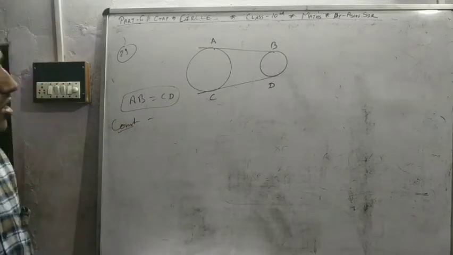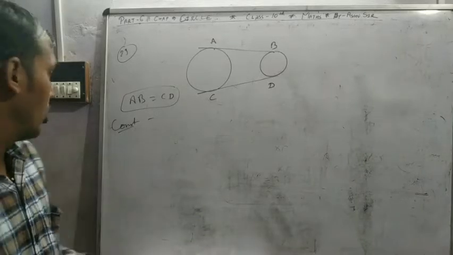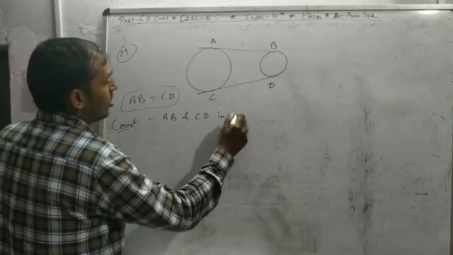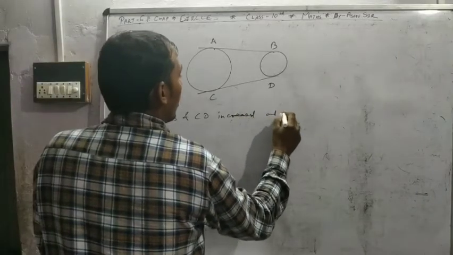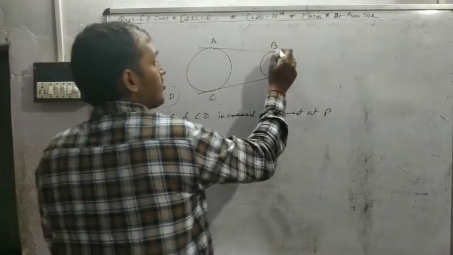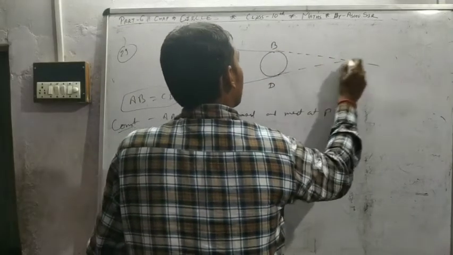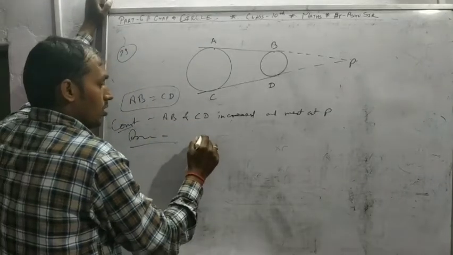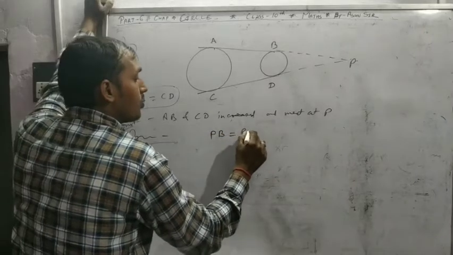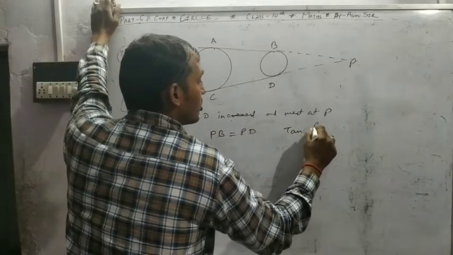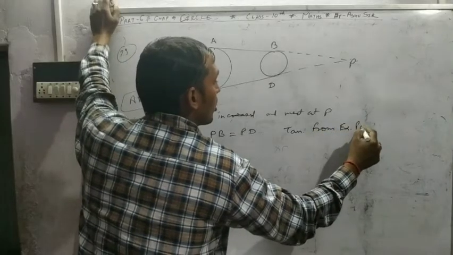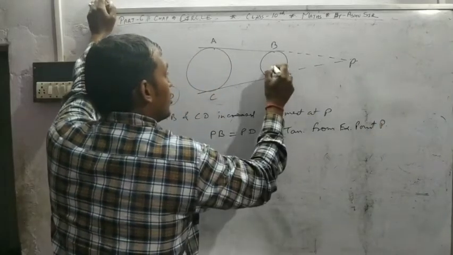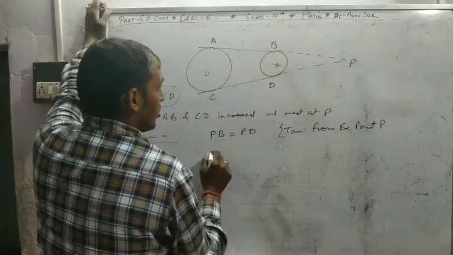You know, it's a very easy question. Only upon construction, AB and CD are extended and meet at P. So PB is equal to PD, tangents from external point P of a circle.